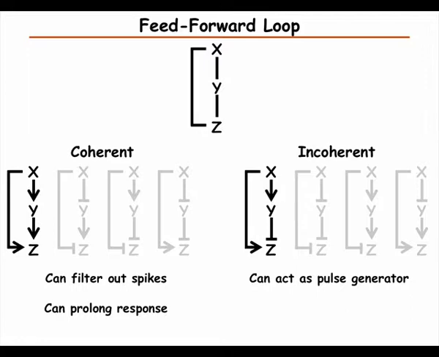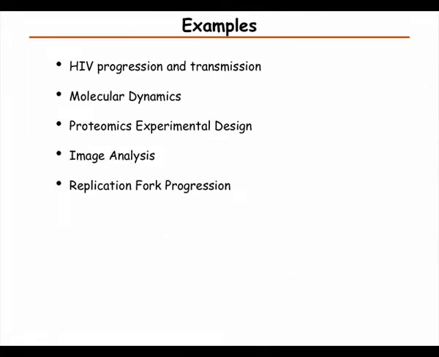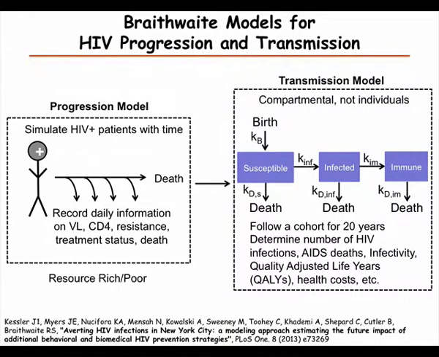And there are actually more properties that we can look at. Now I'm just going to tell you about a few examples where this has been used. The first one is an HIV progression and transmission model that people at the population health here have developed.